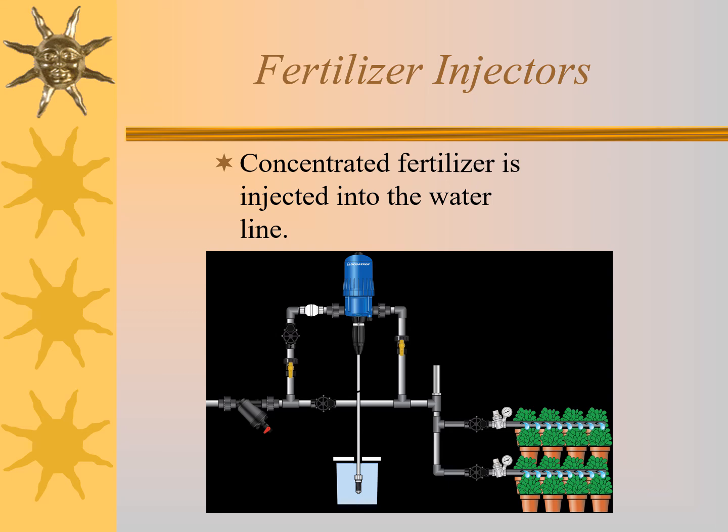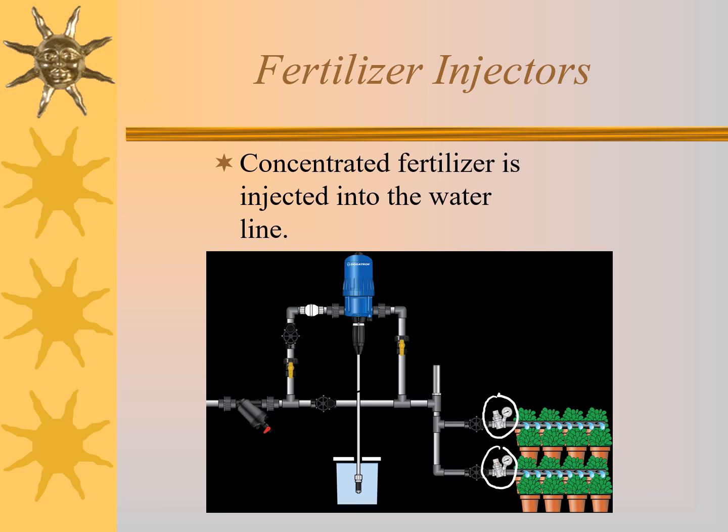And then finally, when you get out to the actual lines that are going out to the crop, this is called a pressure compensating regulator. Here's another one right here. So this is on each drip line. And this basically adjusts the pressure of the water so that it's optimized for whatever drip line you're using.